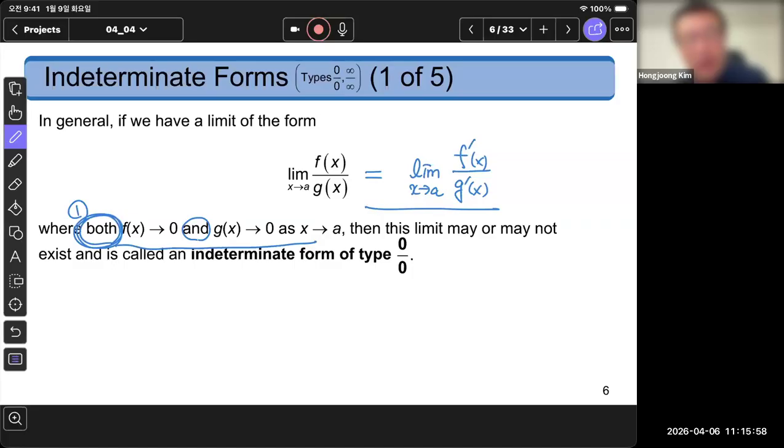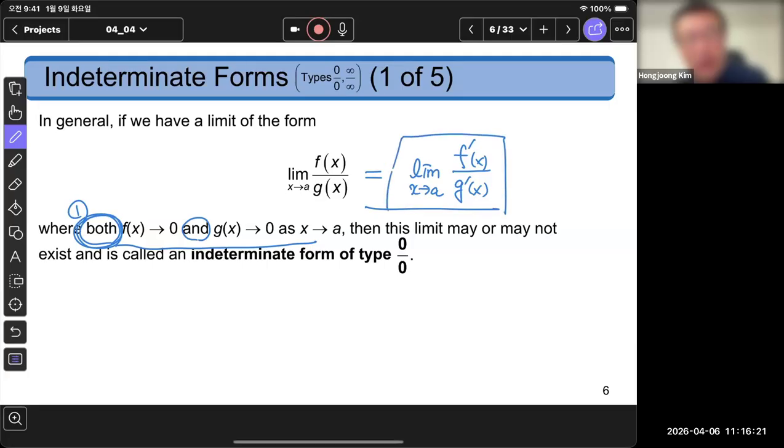Okay, so this is the first situation. If both numerator and denominator go to 0 as x approaches a, then the limit of f of x over g of x as x approaches a will be estimated by this one.